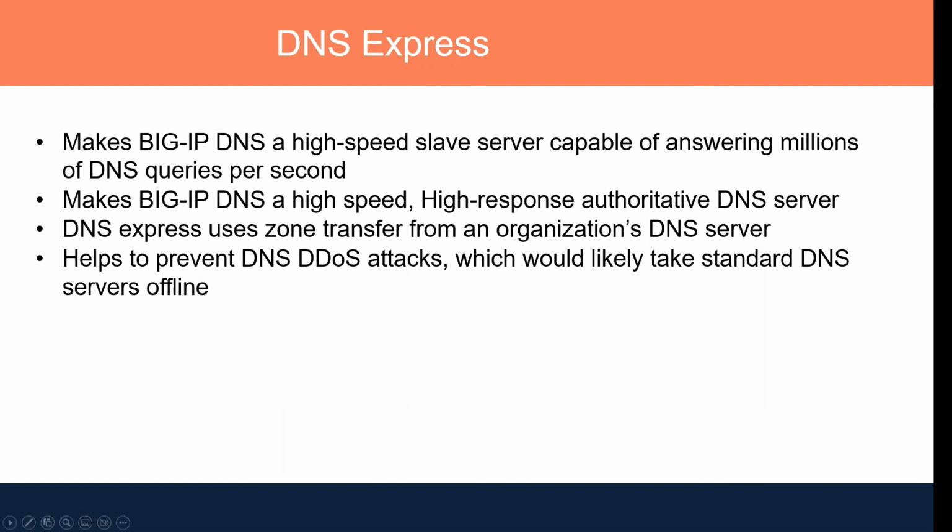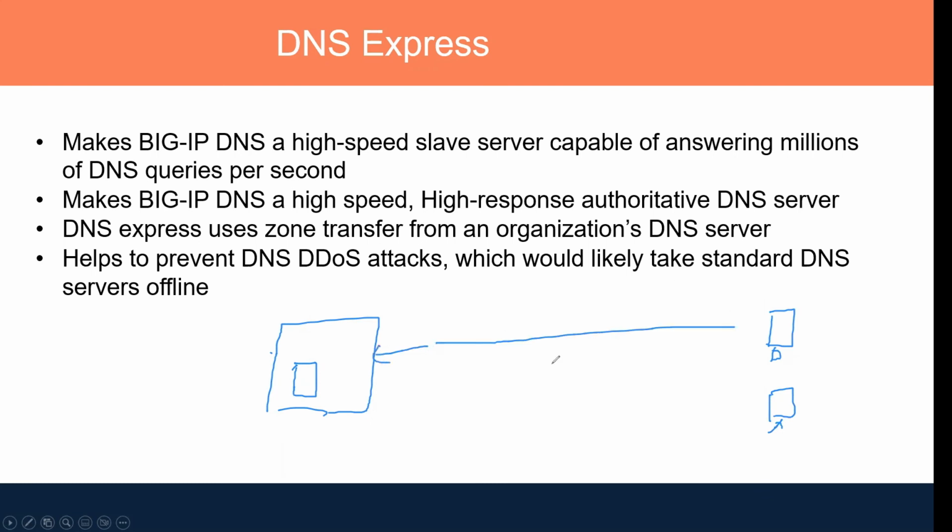As I told you, let's say this is your organization, and you have configured a DNS server over here. Now if people from the outside are sending DNS queries to this server, when the number of queries is limited, they can be handled very carefully by this DNS server.